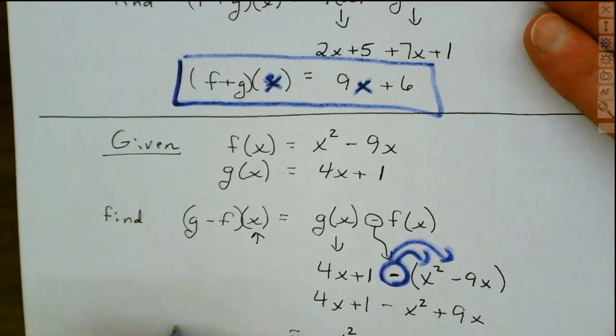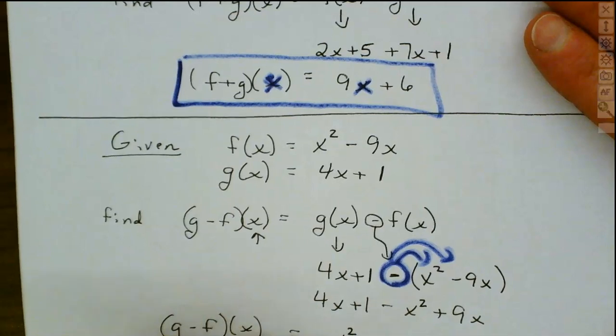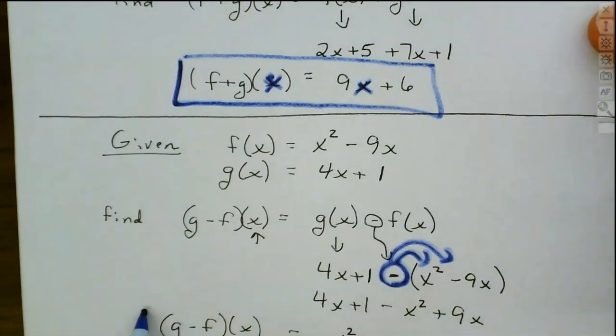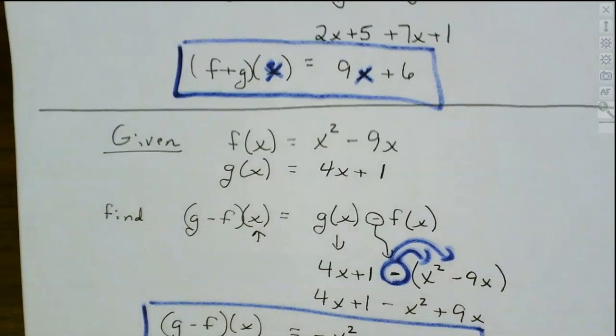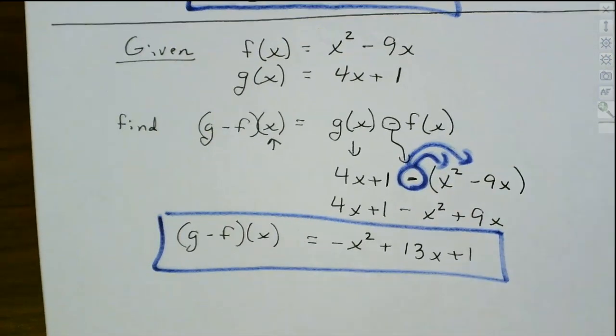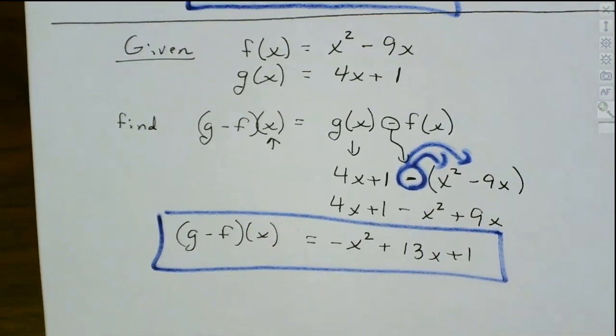And that is g minus f of x. Variable in, variable out. One more of these, and then we'll talk about function composition and how it works.